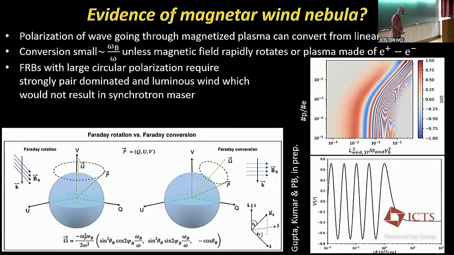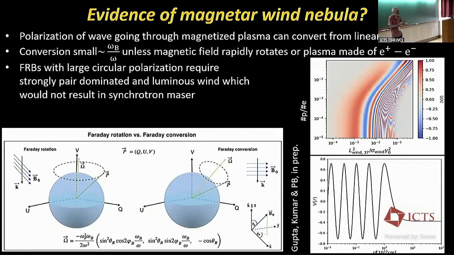The other point that has to do with the magnetar wind nebulae has to do with the polarization. And we know that FRBs often have a high degree of linear polarization, but not always. In some cases, we see circular polarization as well. One way to get this, which is not coming from the emission mechanism but from a propagation effect, is Faraday conversion. So Faraday conversion is something we expect to have in magnetized plasma. And typically, it's a weak effect of the order of omega_B over omega, unless one of two things happen.